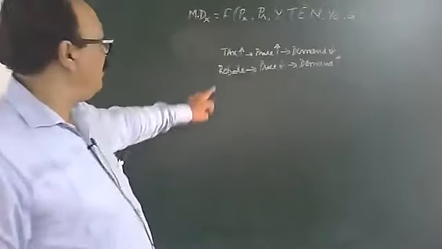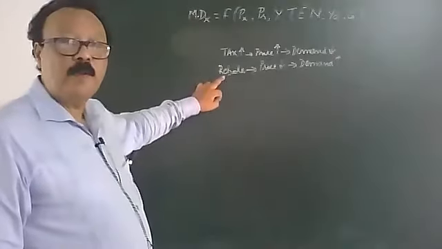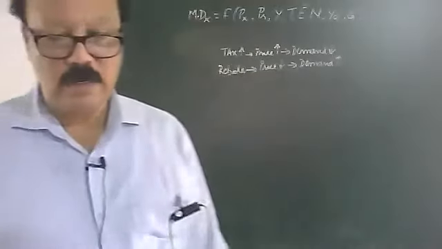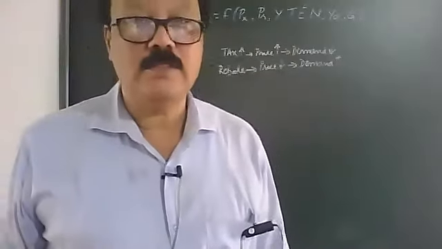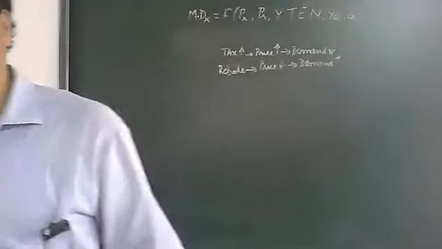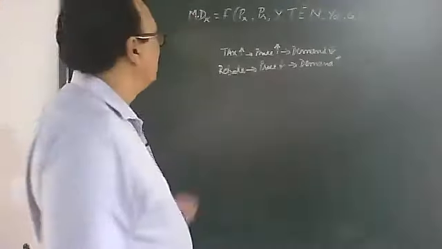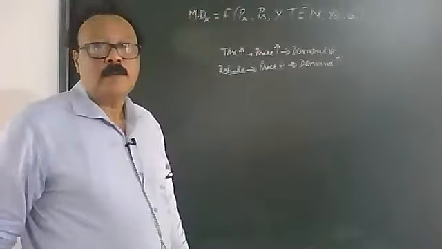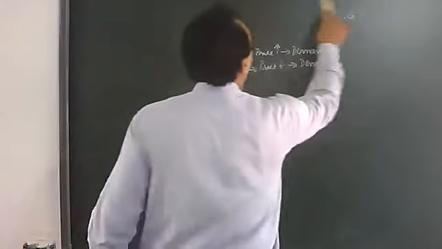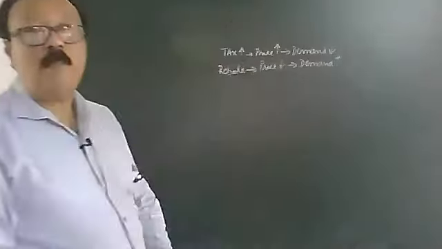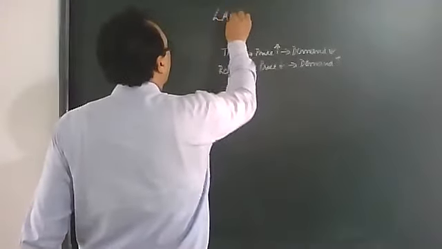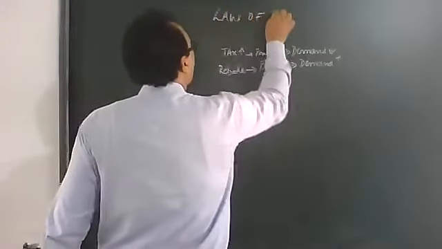At the same time, when a rebate is given, the price comes down, and when the price comes down, the demand will increase. So that was the market demand, factors affecting market demand. Now we come to the law of demand.